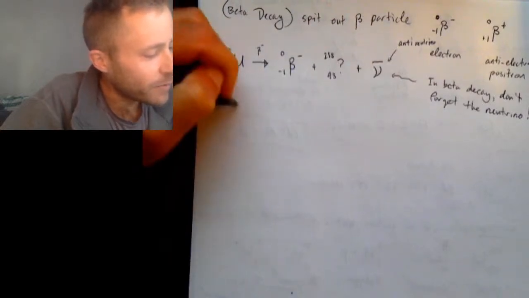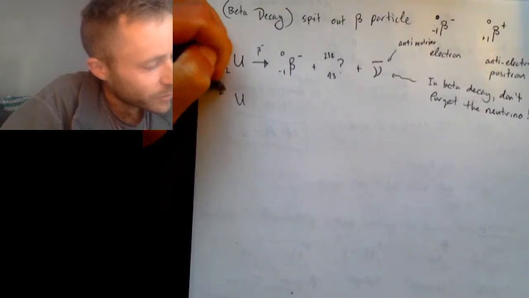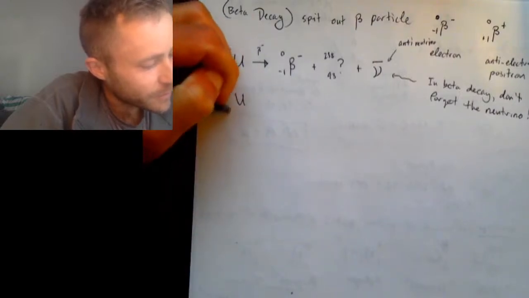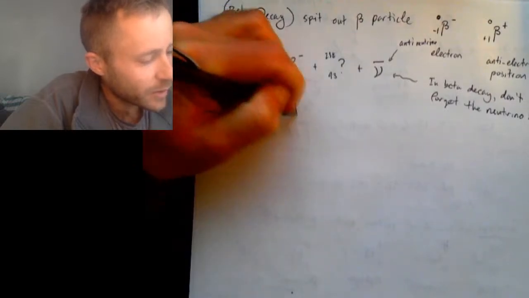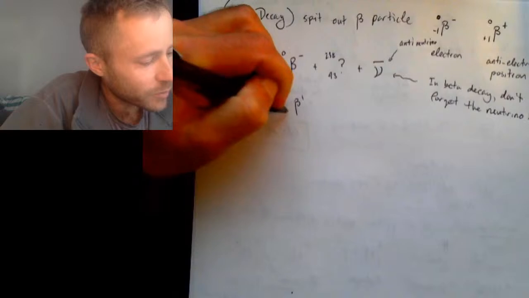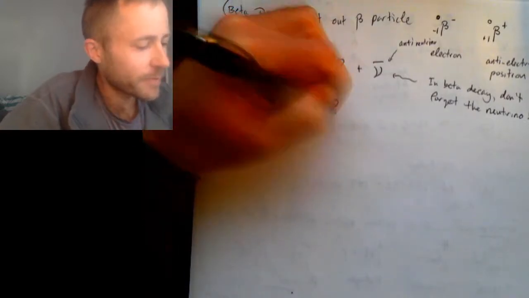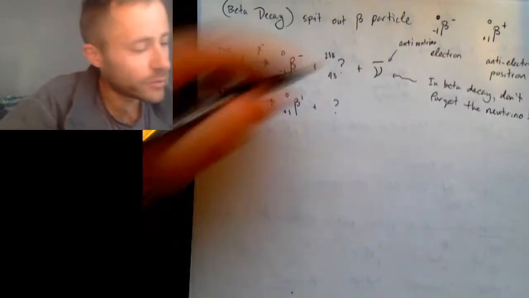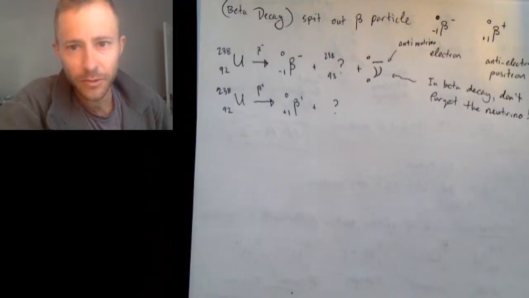We could also have beta plus decay. So you have 238, 92. And if you beta plus decay, then you get a beta plus, which is +1, 0. And then you get a question mark. By the way, neutrinos are 0, 0. They have no charge and no mass number.